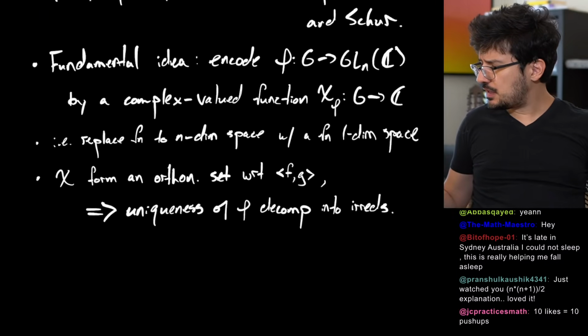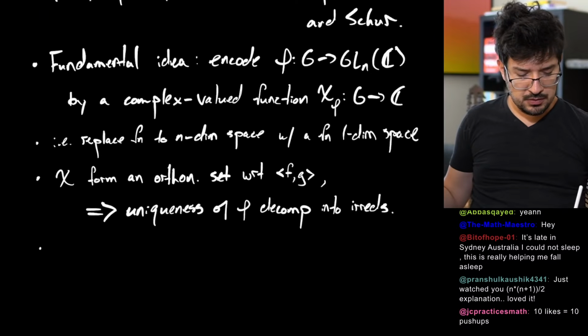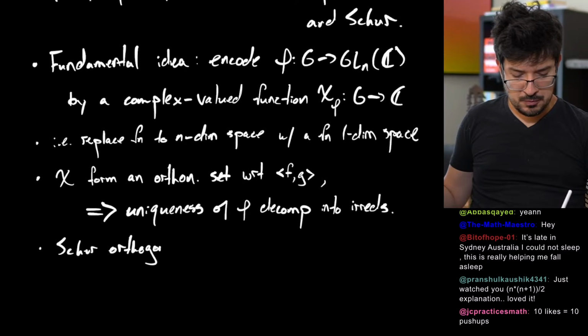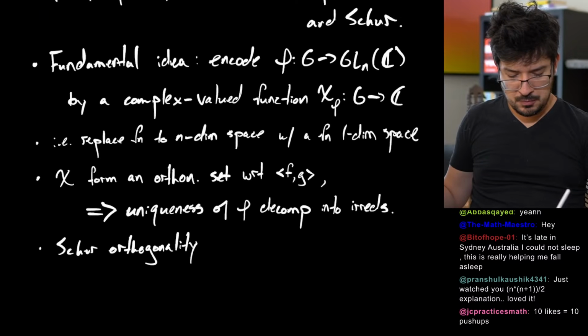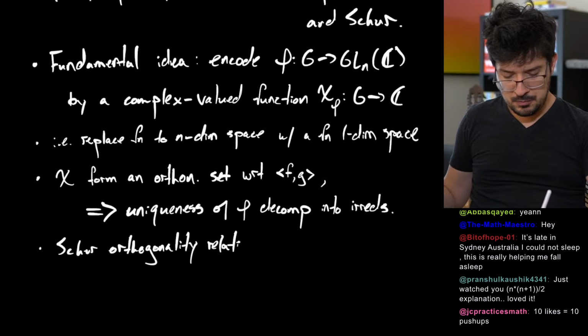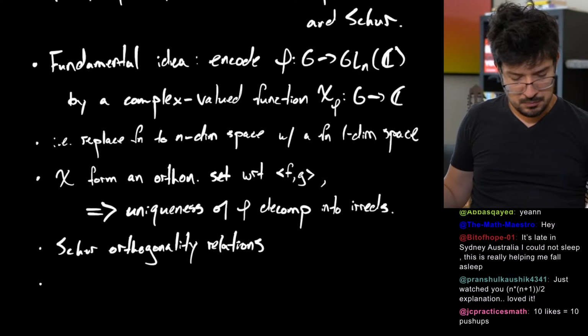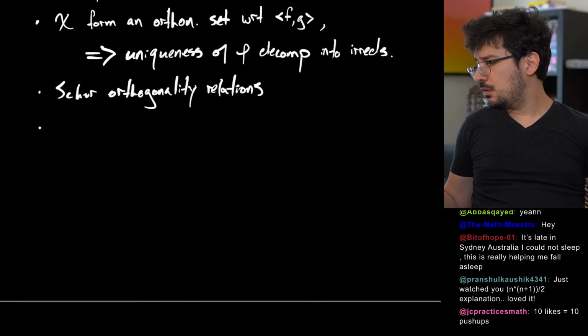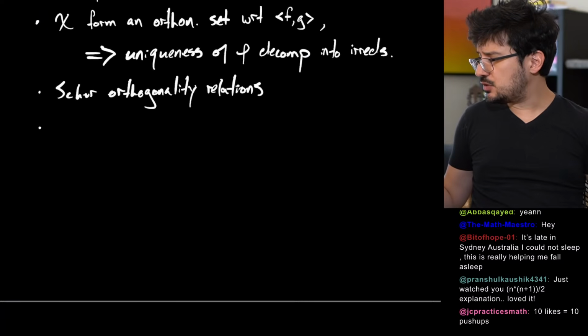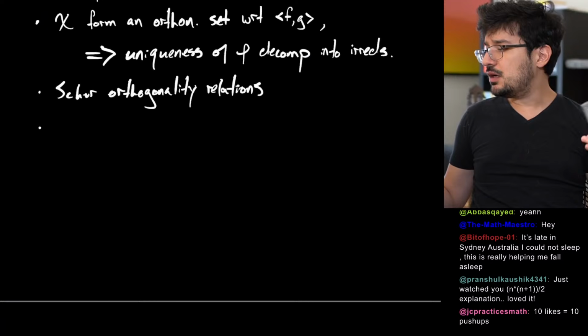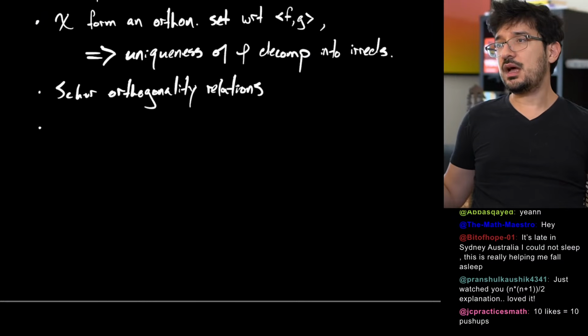Much of the chapter is dedicated to establishing the Schur orthogonality relations, which roughly speaking says that the entries of the irreducible unitary representations of a finite group form an orthogonal basis for the space of complex valued functions on G. Okay, that sentence was dense.